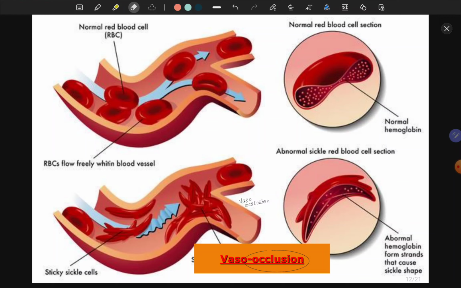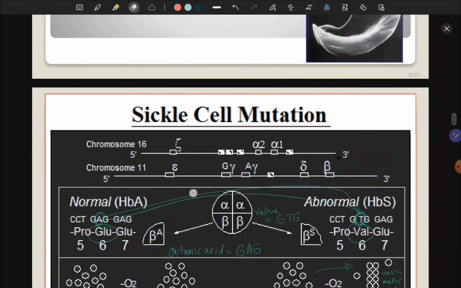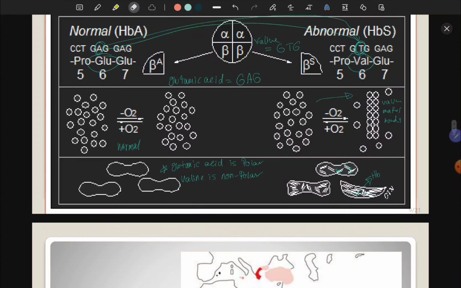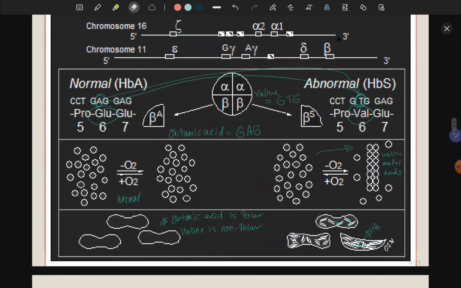With each attack of sickling, oxygenation and deoxygenation, there's membrane damage. With the abnormal shape of the RBC and deoxygenation attacks, there will be detachment of the membrane of the red cell.